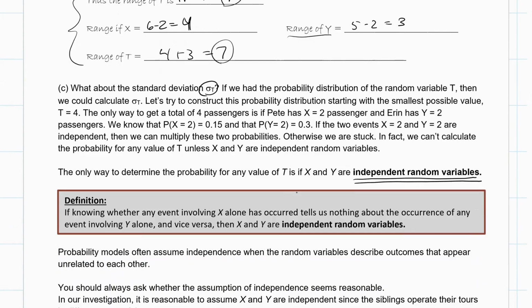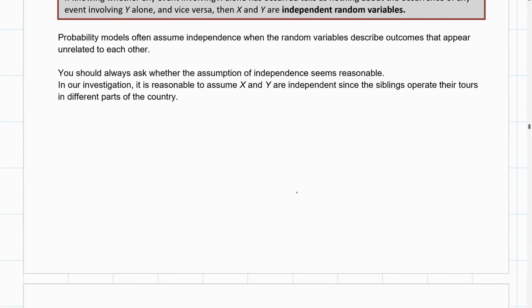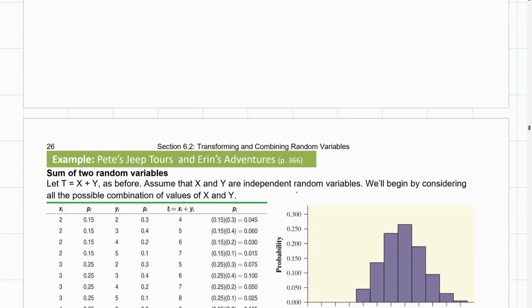They're independent. They're not affecting each other. And again, the formula that we're going to build towards requires that the variables are independent. And that's why in this narrative, Pete and Aaron live in different parts of the country.